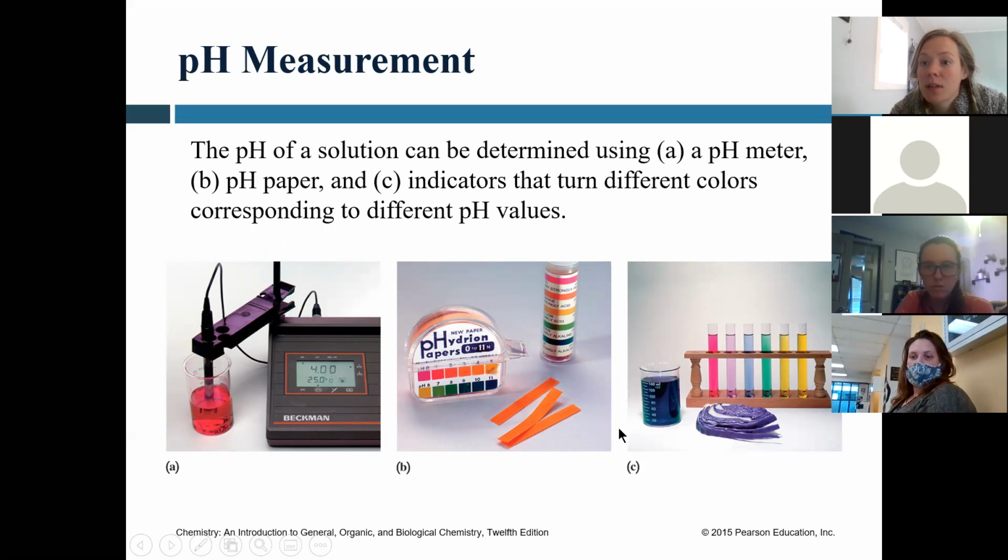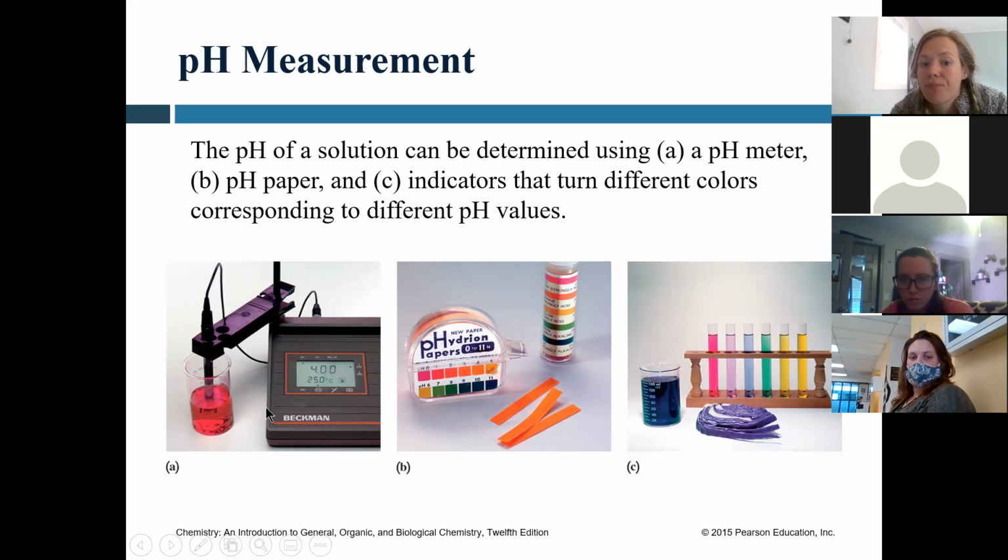But cabbage contains anthocyanins, which will change depending on the pH of the material it's in combination with. Hydrangeas are another thing that contain anthocyanins. So if you add lye to your soil, it will change the color of your hydrangeas because you shift the pH. This pH paper you may be familiar with.